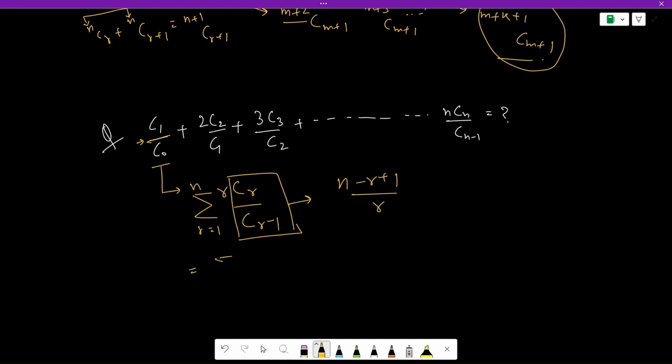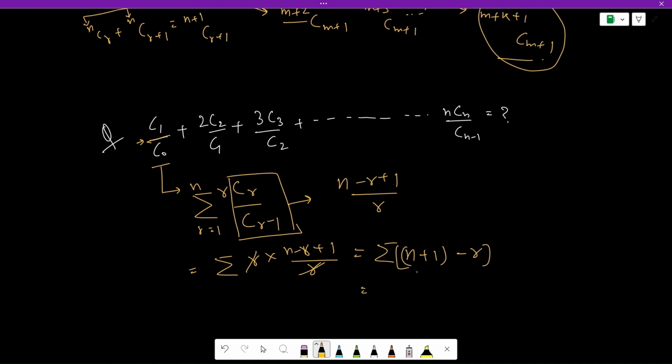So this is equal to summation of r into (n minus r plus 1) divided by r. Now this cancels out and is equal to summation of (n plus 1 minus r).